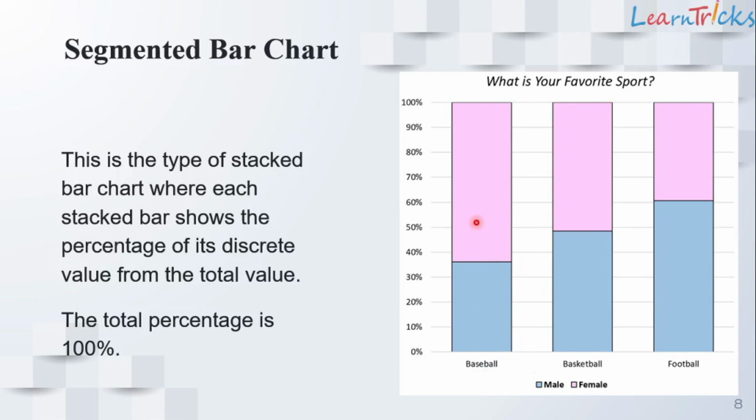So the total will always be 100, meaning both of them have given an answer for this question, and depending on that 100%, we divide it as per the answers given by the male and female candidates, right?